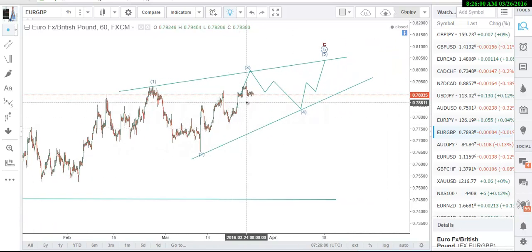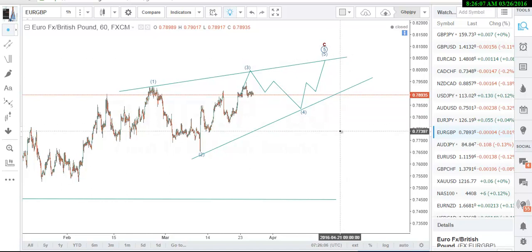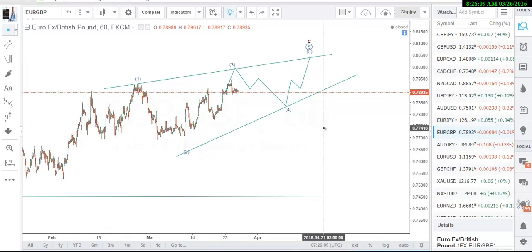So Euro GBP may move this way, but one thing that we want to believe is this: Euro GBP is already overbought, so we'll be expecting a real move downside very soon. We're going to be seeing that very soon. That's what we're expecting.